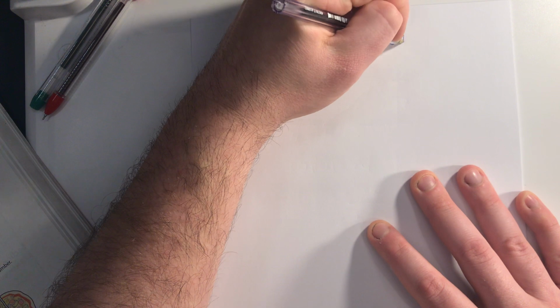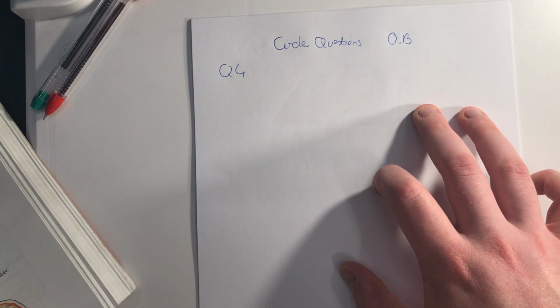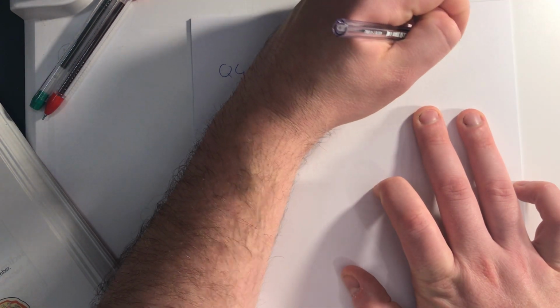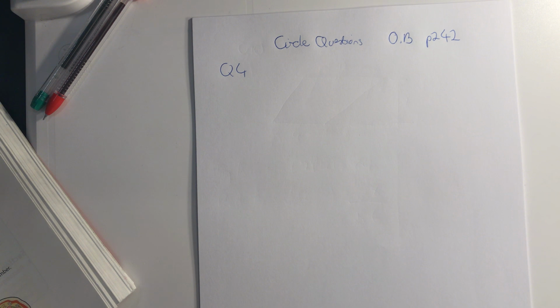So on the old book, if you're in 6th year or if you're in 5th year and using the old book, the page is 242. I'll put it in Teams what the pages we're dealing with are, if we're dealing with the new book if you're in 5th year. Okay, so find the length of the arc AB in each of the following sectors shown below. Give each answer in centimeters correct to one decimal place.